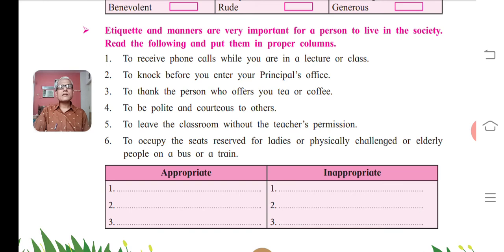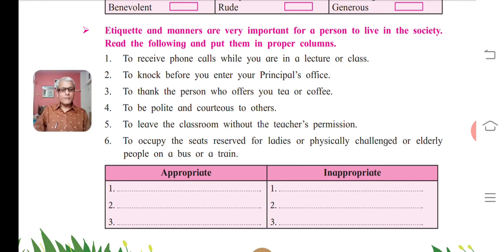To be polite and courteous to others: appropriate. To leave the classroom without the teacher's permission: inappropriate. To occupy the seats reserved for ladies, physically challenged or elderly people on a bus or a train: inappropriate.